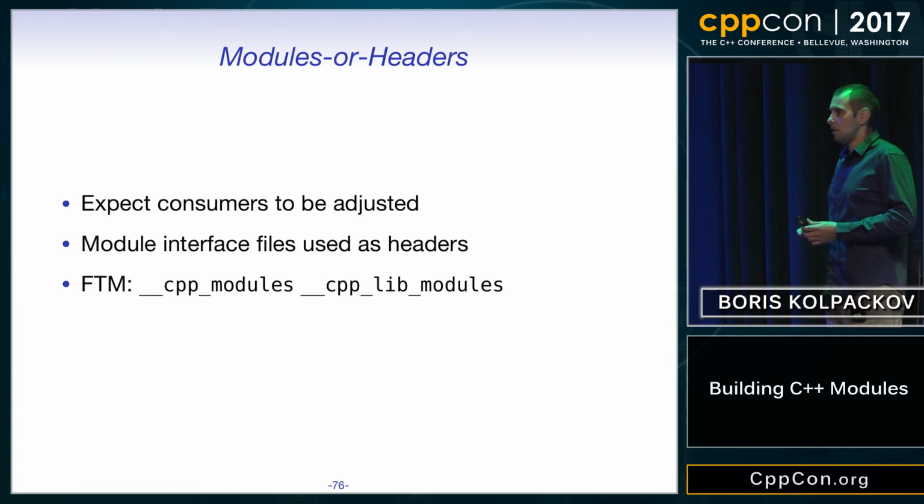Okay, so let me see if I understand the question. Is there a way to mark a header so that it cannot be included, especially the standard headers, so that nobody includes standard headers in the module purview?